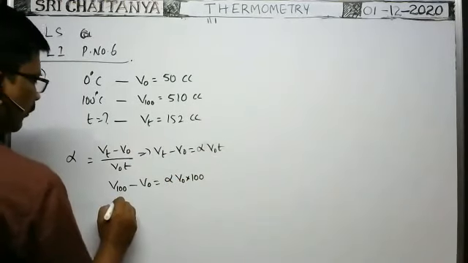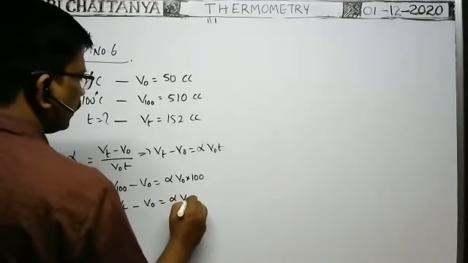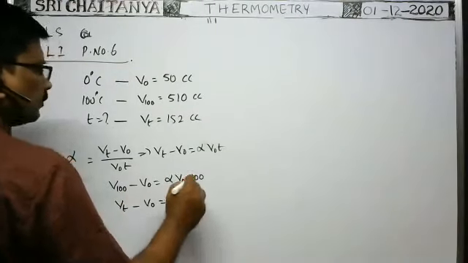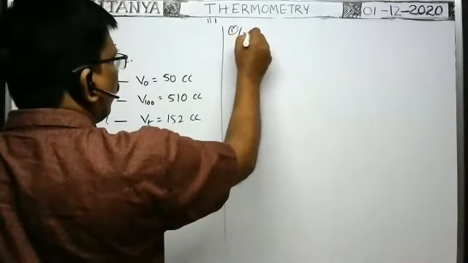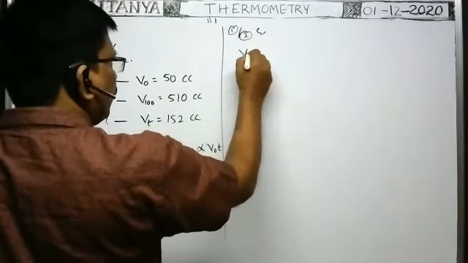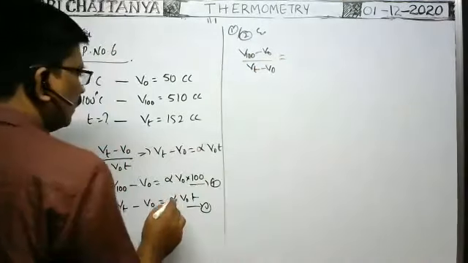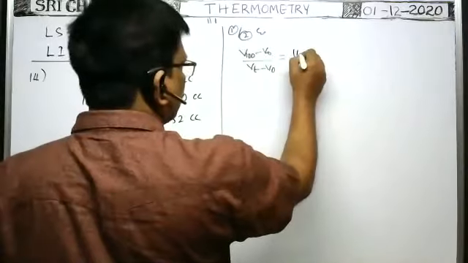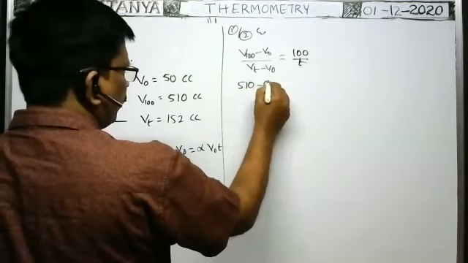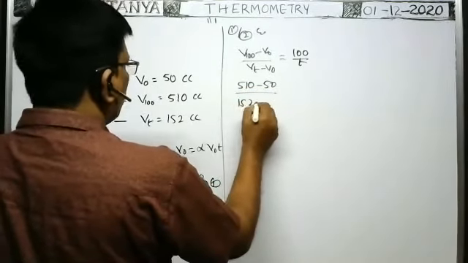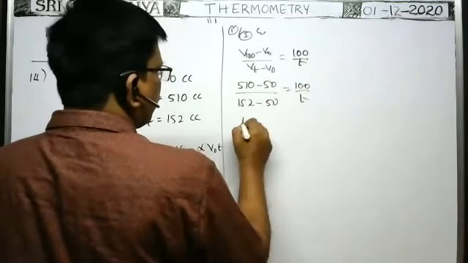At any temperature T, VT minus V0 is equal to alpha into V0 into T. Divide these two, equation 1 by equation 2: (V100 minus V0) by (VT minus V0) is equal to alpha V0 by alpha V0, which cancels, giving 100 by T. V100 is already 510, V0 is 50, VT is 152, so (510 minus 50) by (152 minus 50) is equal to 100 by T. Then T can be calculated.